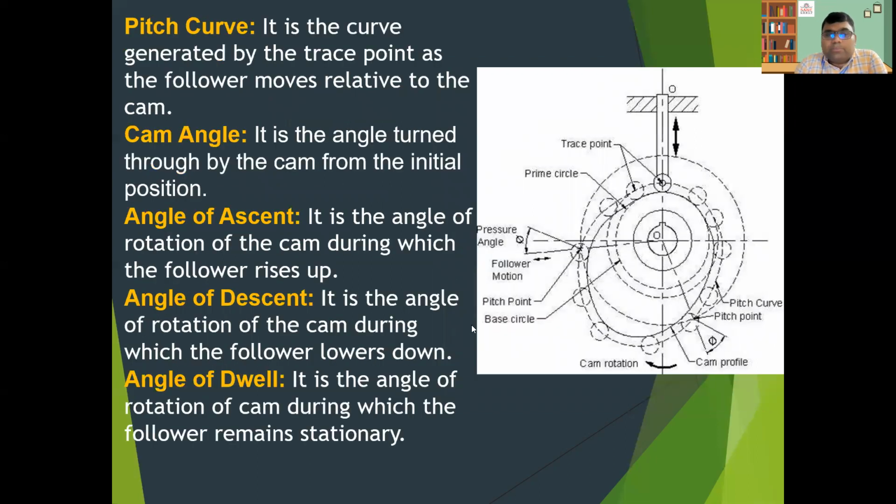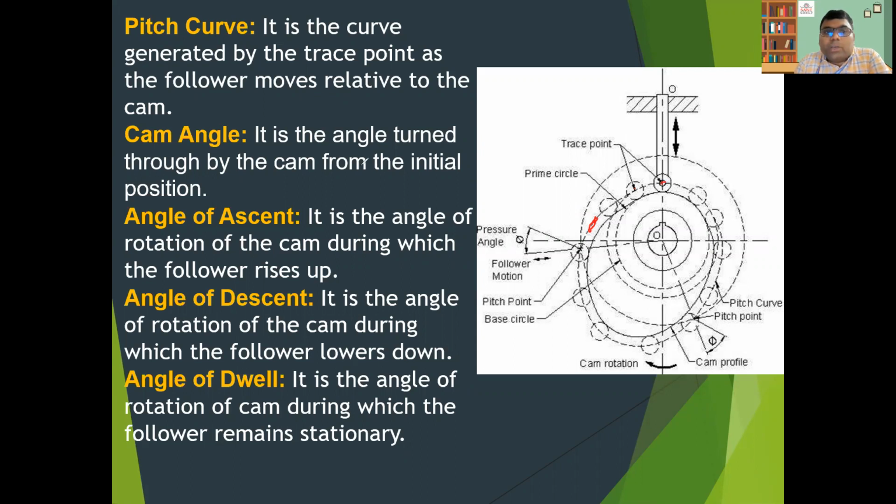Another important terminology is the pitch curve. It is the curve generated by the trace point as the follower moves relative to the cam. You can see we are talking about this curve, the second one, not the pitch profile. It is traced by the trace point, which is a point located on the follower.